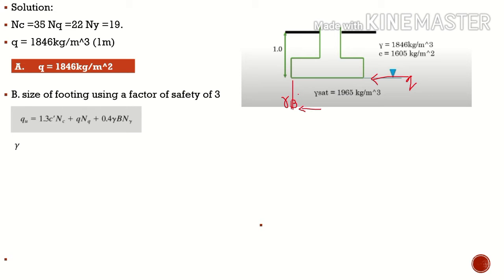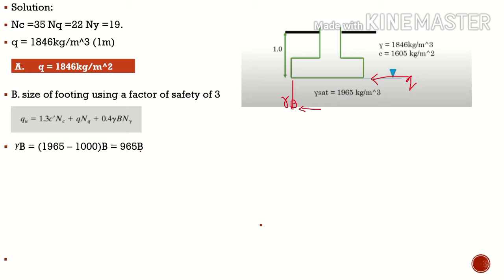So therefore, gamma B is equal to 1,965 minus 1,000 times B, which is 965B. 1,000 is the density of water because the soil is saturated.